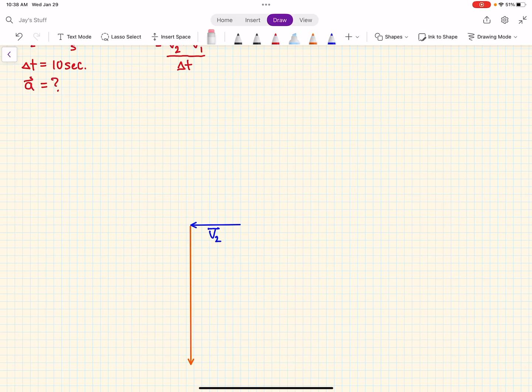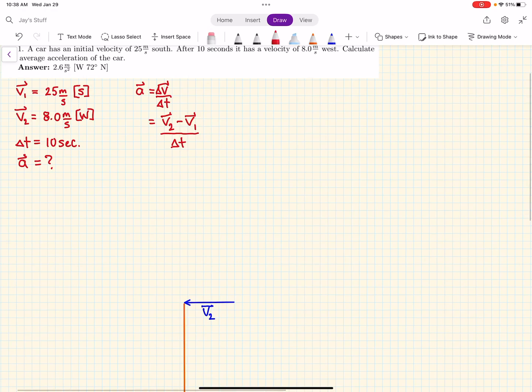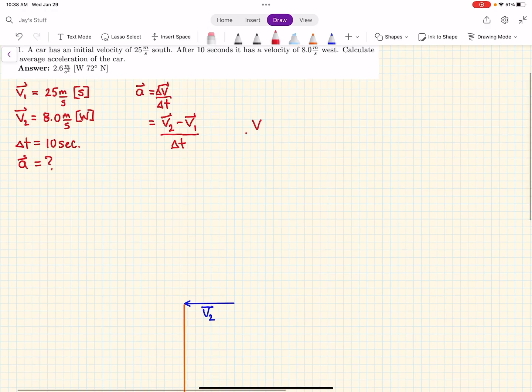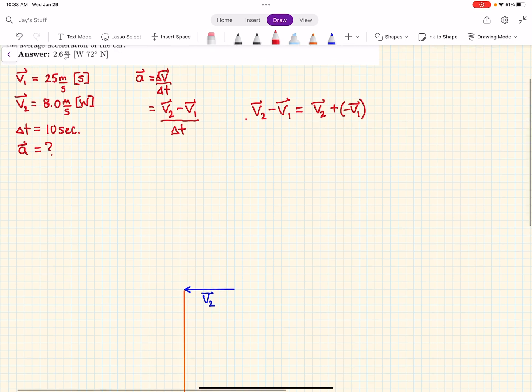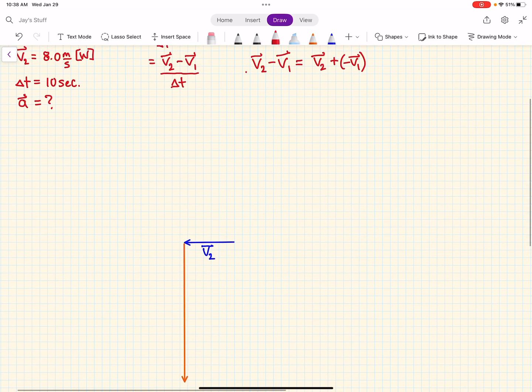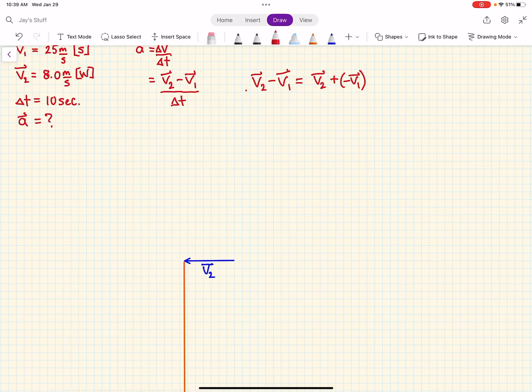We want to do V2 minus V1. Just as a little aside here, V2 minus V1 is the same thing as V2 plus negative V1. And it may seem like, why am I doing that? It's just so that now we can use the same process for adding vectors.